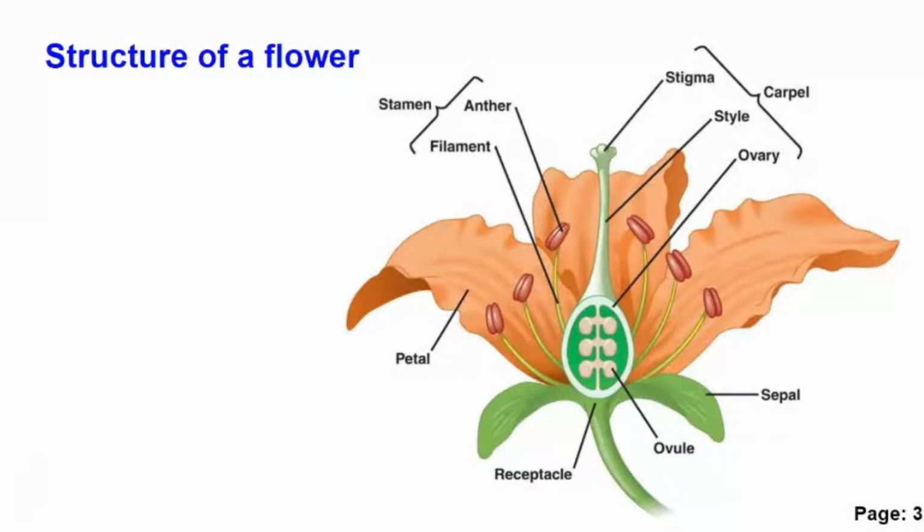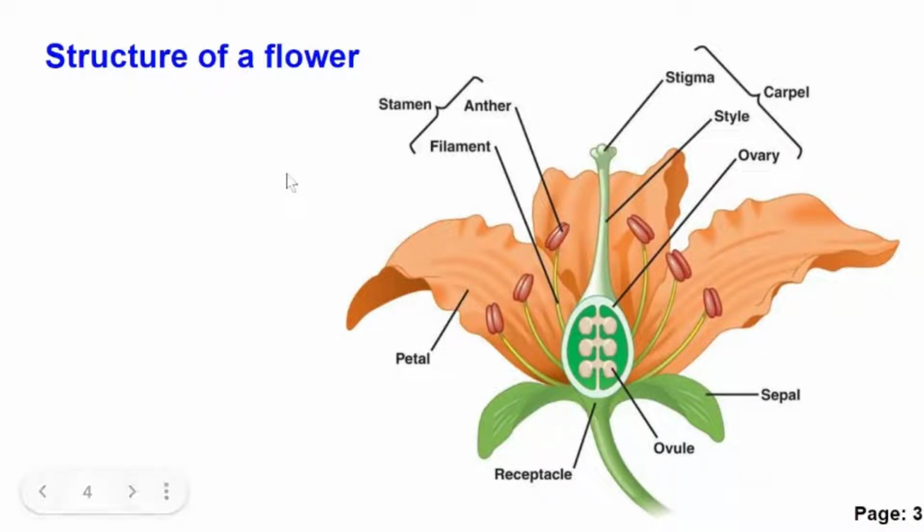It also attracts insects. So insects and animals are interested in the different colors of the flower, and the petals also produce nectar for the juice.